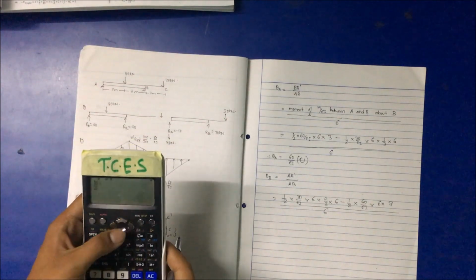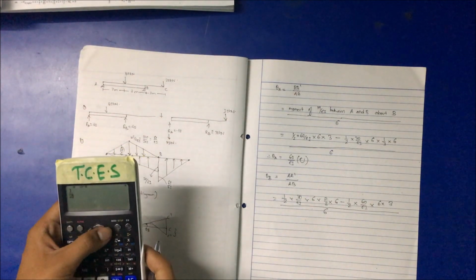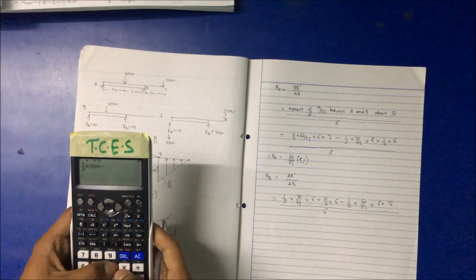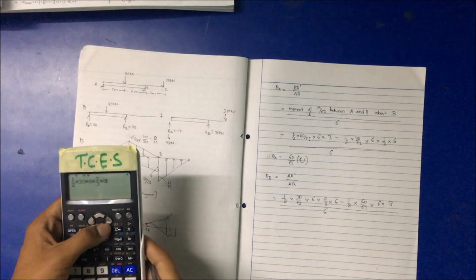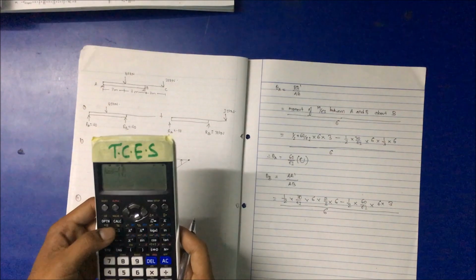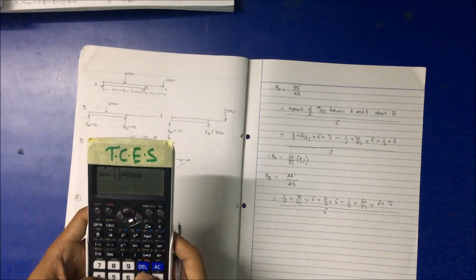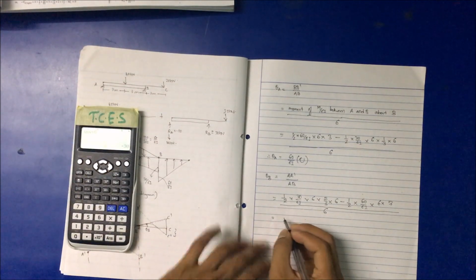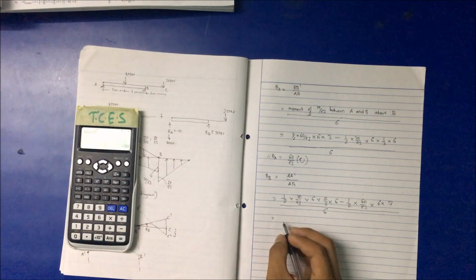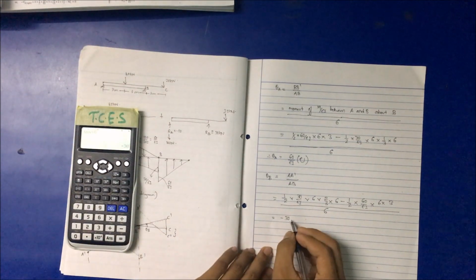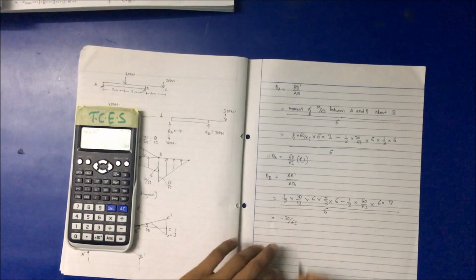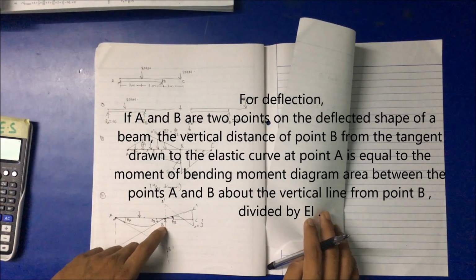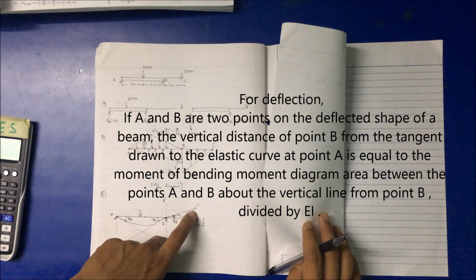So 1 by 2 multiplied by 30 into 6 into 2 by 3, 6, minus 1 by 2, 60 into 6 into 3 divided by 6, that is minus 30 by EI. So we have theta B here, and with theta B we can calculate C dash C.